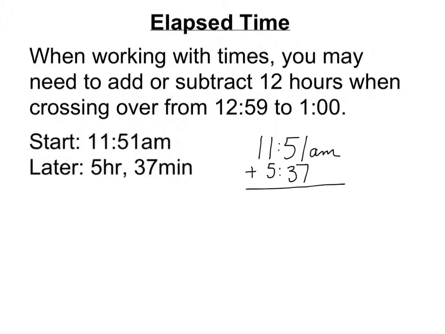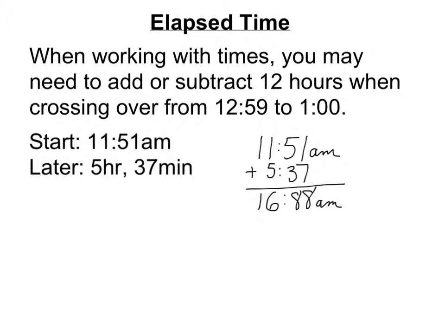So let's add up our minutes first. So 1 plus 7 gives me 8, and 5 plus 3 also gives me 8. Bring down the colon. 11 plus 5 equals 16. And we'll go ahead and bring down the AM for right now. So if we think about this answer, it doesn't really make sense. There's no such thing as 1688 AM. First of all, we have too many minutes.